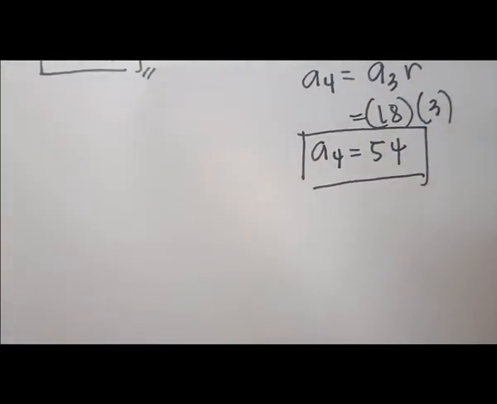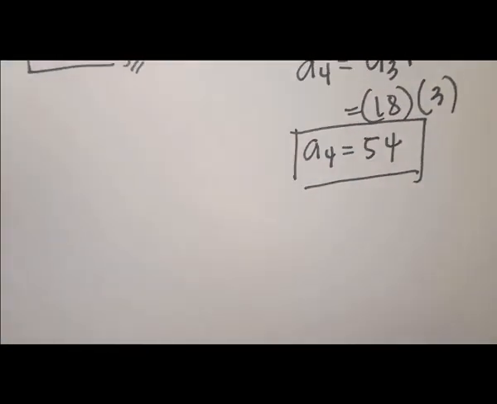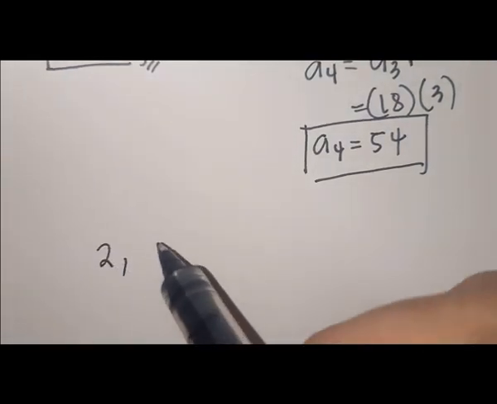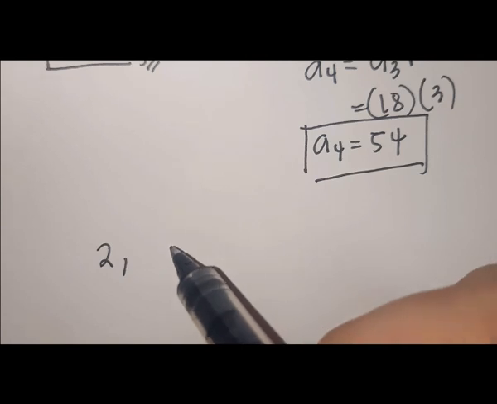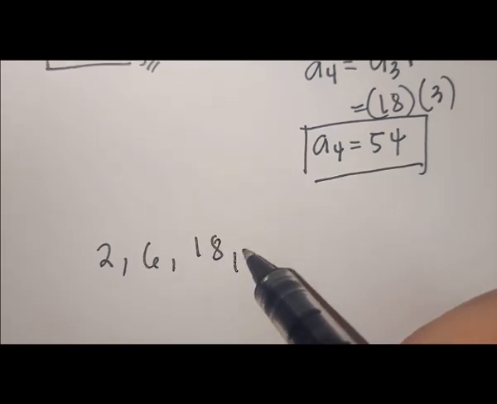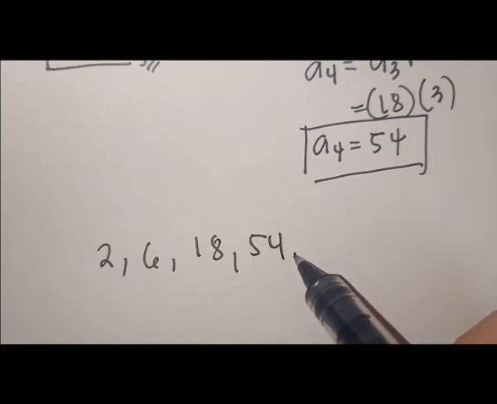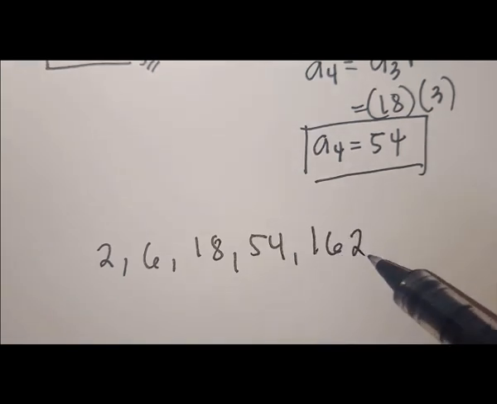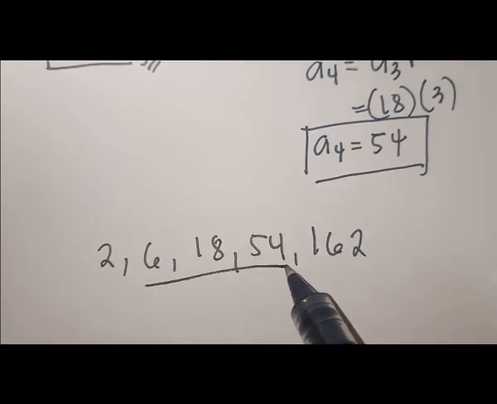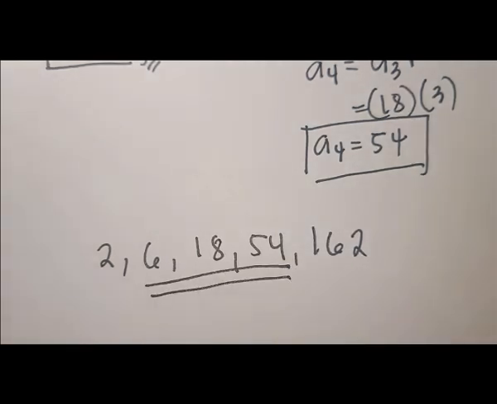So, the sequence natin ngayon are 2, 6, 18, 54, and 162. Yung 3 geometric means between 2 and 162 are 6, 18, and 54.